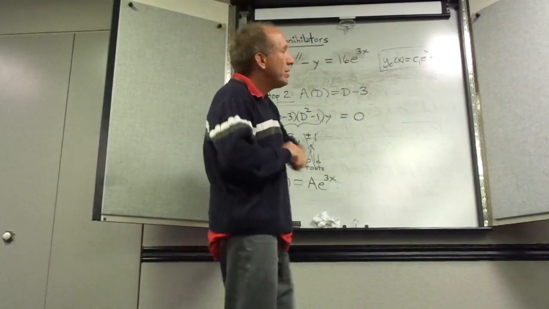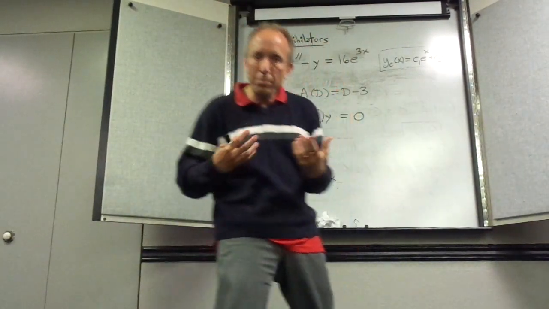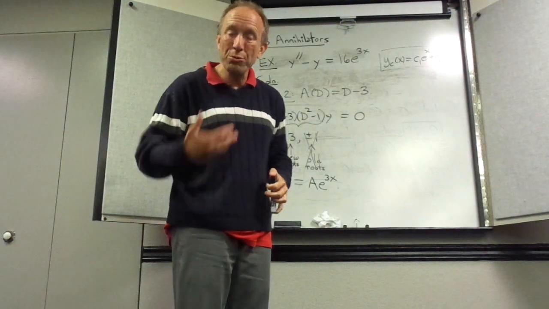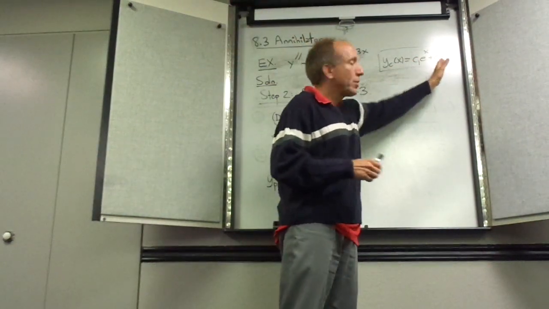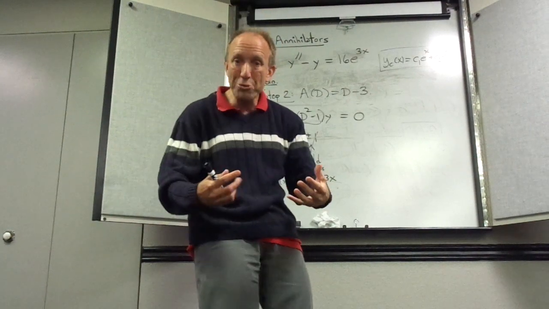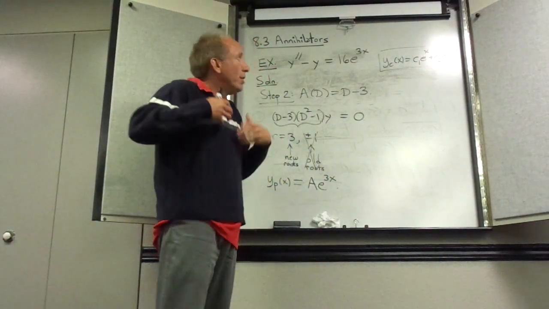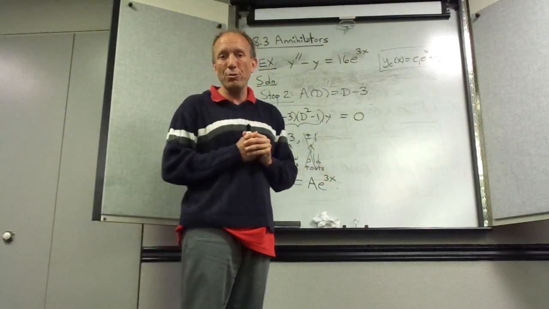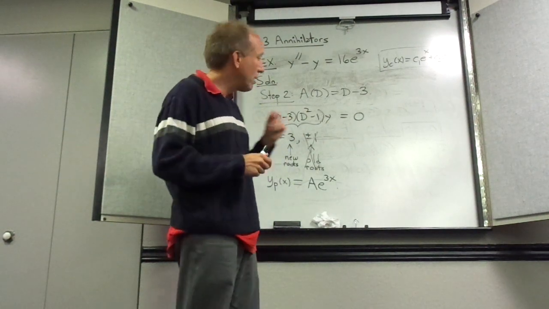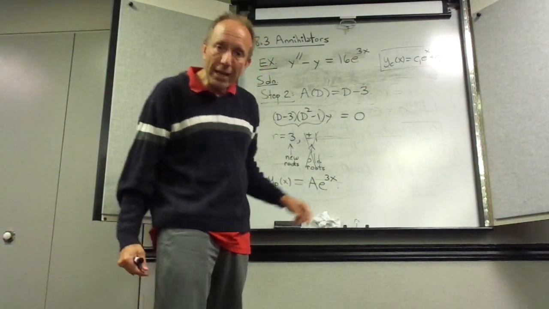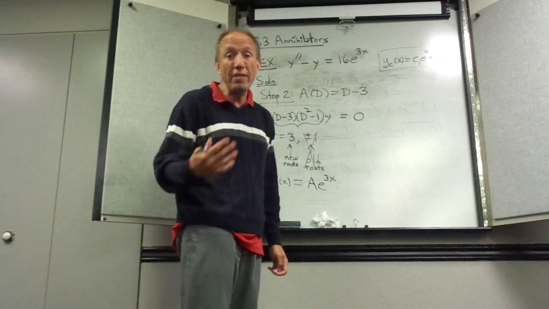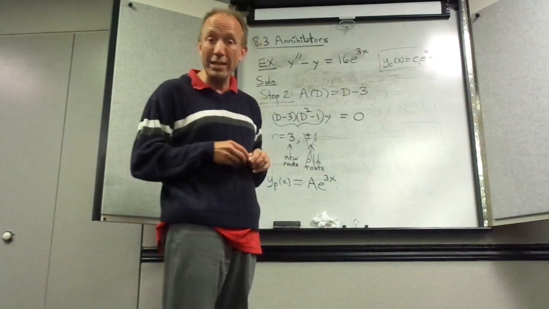The C1 and the C2 are going to be in the final answer. Those are constants that belong to the general solution, right? They describe the family of all of the solutions to our differential equation. However, this capital A actually has a specific value. We can actually figure out what it is.